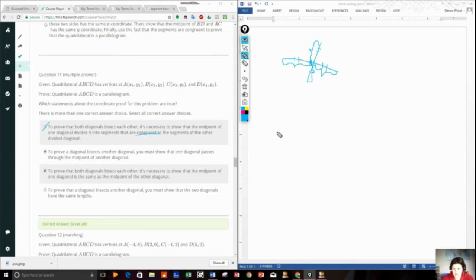Well, I'm just visualizing a parallelogram that is short and long. So we can have parallelograms like this, where one diagonal bisects another, but the diagonals don't have the same length.